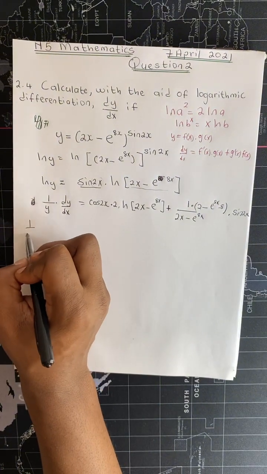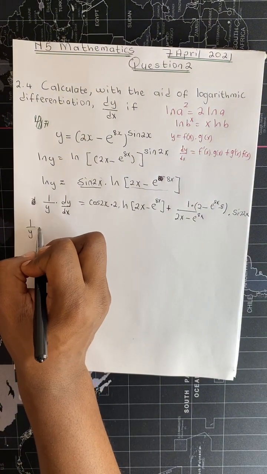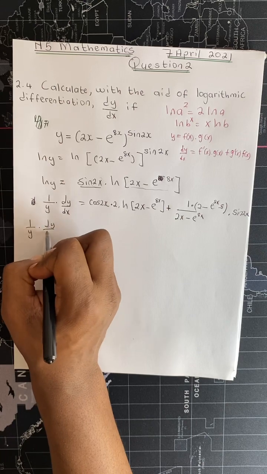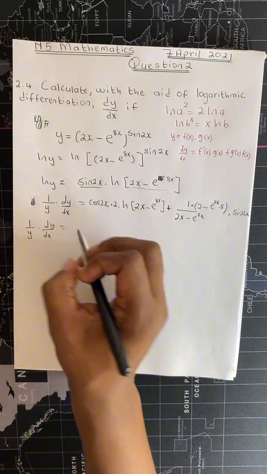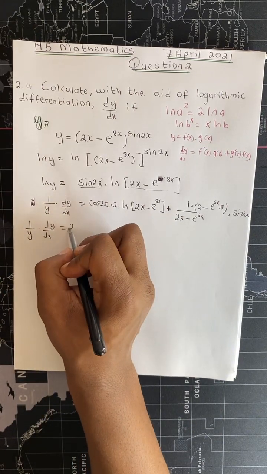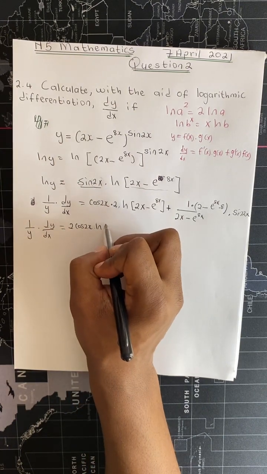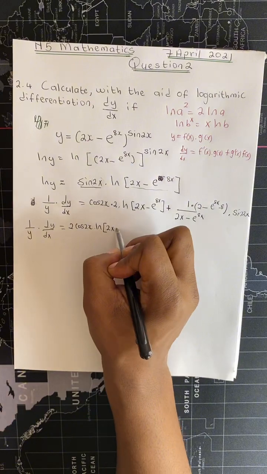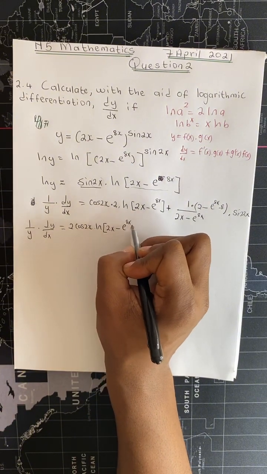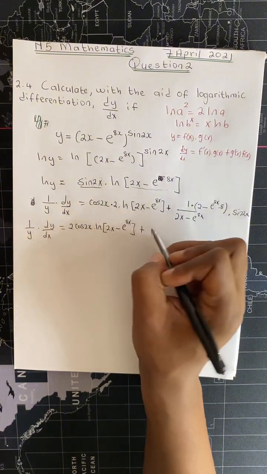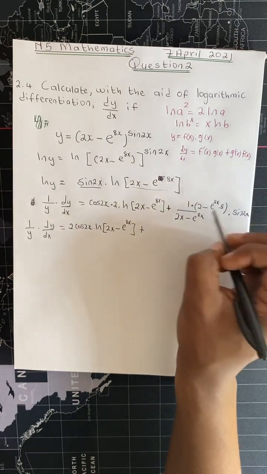So our 1 over y dy over dx is equal to, we write the 2 first, 2 cos 2x multiplied by ln of (2x minus e to the power 8x), plus 1 multiplied by that.